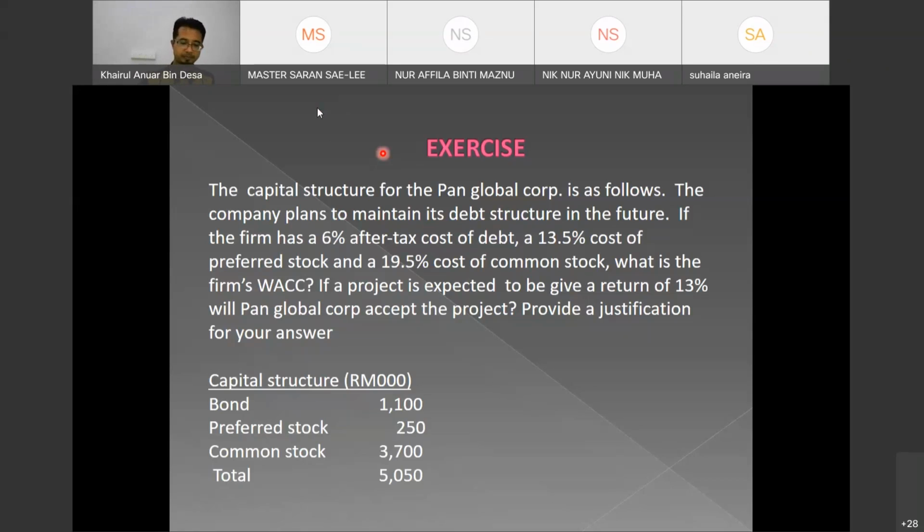Dah siap? Okey, kita mulakan di sini dulu. Sekejap.